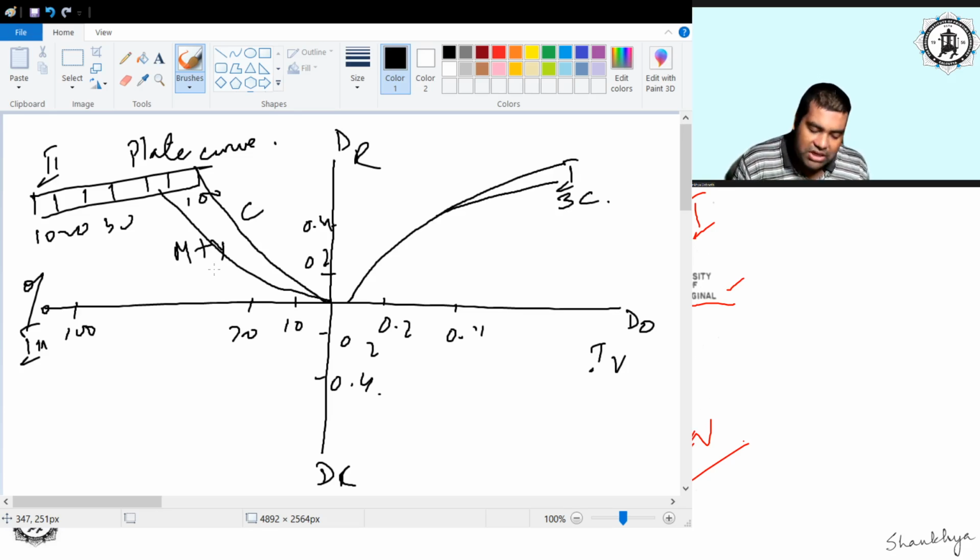When we are preparing the plate curve for cyan, you have to measure what is the density in the three color print for which you have a 10% dot, right? In your cyan printer, what is the dot percentage for a certain density in your three color print?